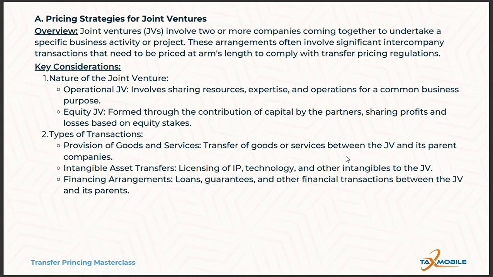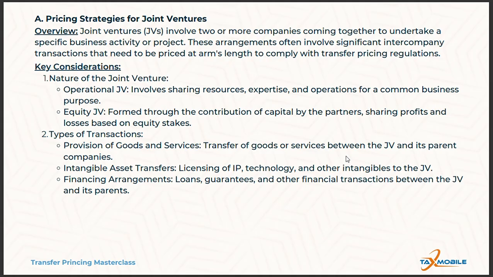So these transactions must be carefully priced to ensure they comply with transfer pricing regulations and reflect the true economic reality of the transaction. So now let's look at key consideration, nature of the joint venture.